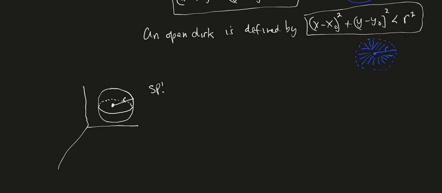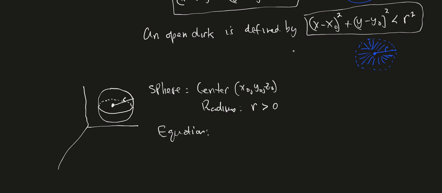So let me just say that this is a sphere, and the center again would be at a specific point. So at a point we're going to use x0, y0, z0. The radius is still going to be some number r greater than 0. And then here is the standard equation.